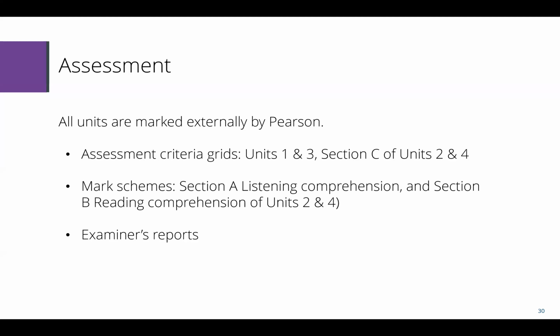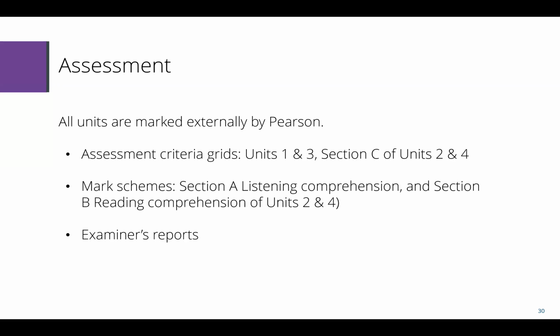So those are really good pieces of support. Whilst the examiners are marking, they make a note of all these things. The principal examiner will ask them to make a note of things that the students didn't get right, and what was particularly challenging. And then that will be reflected in the examiner's report.